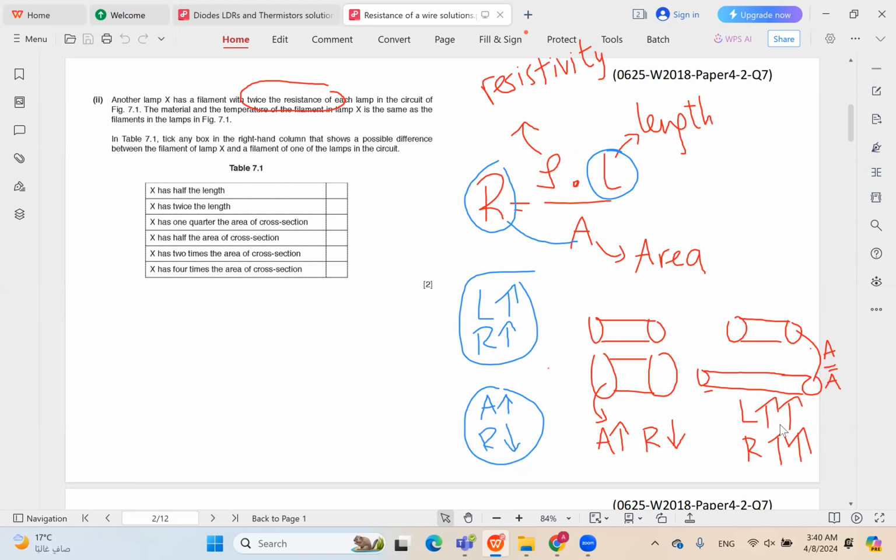So here we have twice the resistance. So we must have either twice the length or half the area, because L and R are directly proportional, but A and R are inversely proportional. So it's either twice the length or half of the area. These would be the correct answers here.